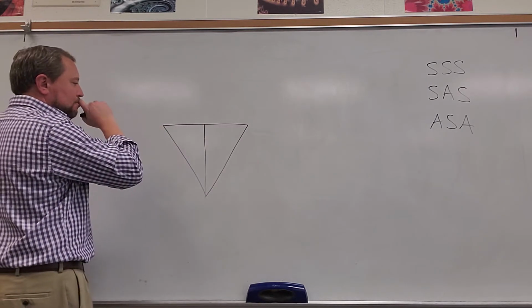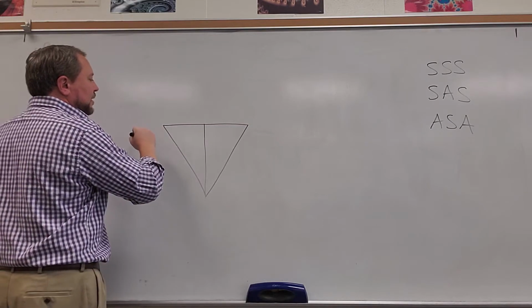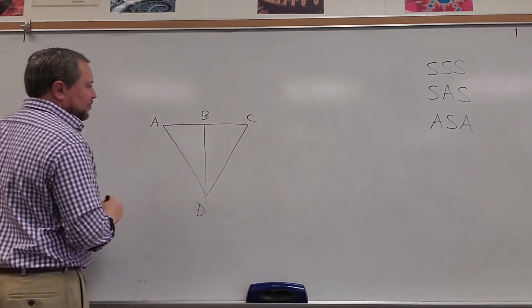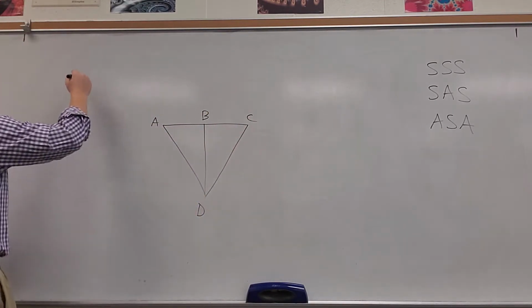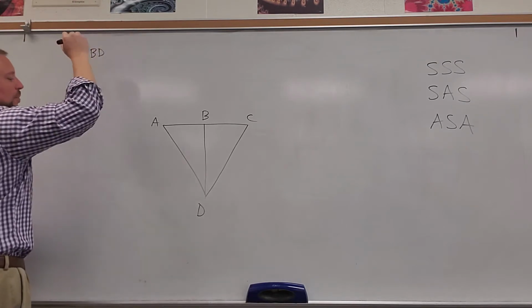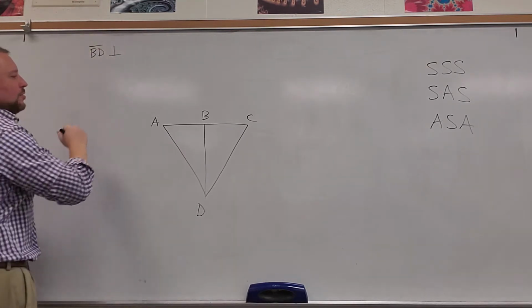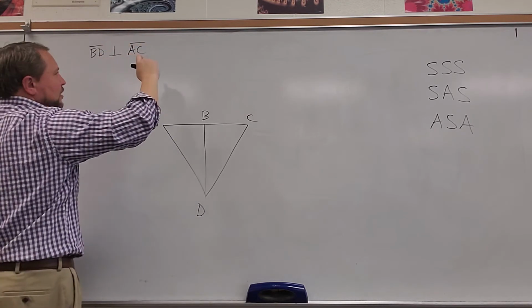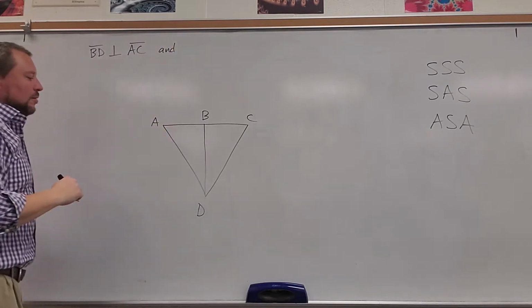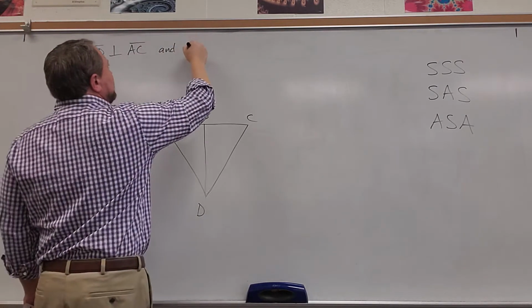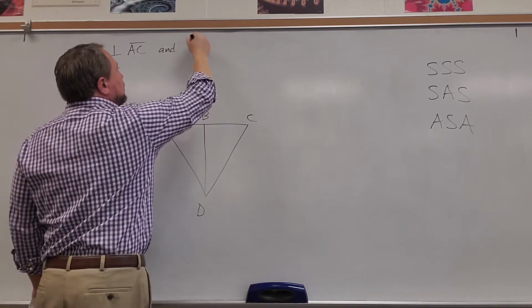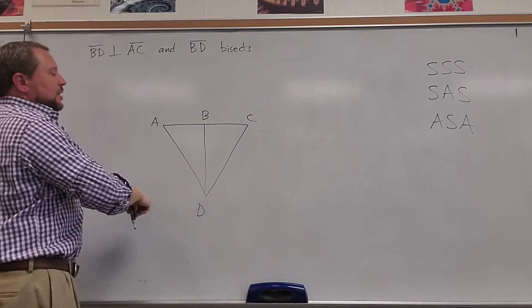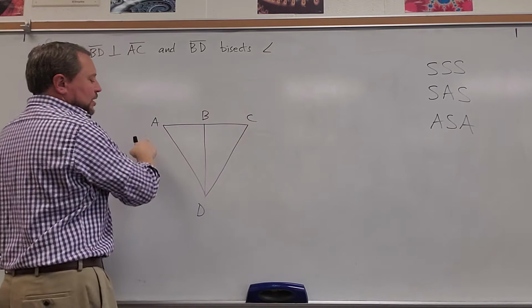And let's say that this is A, B, C, and D. We're going to give you up here that BD is perpendicular to AC and BD bisects angle ADC.